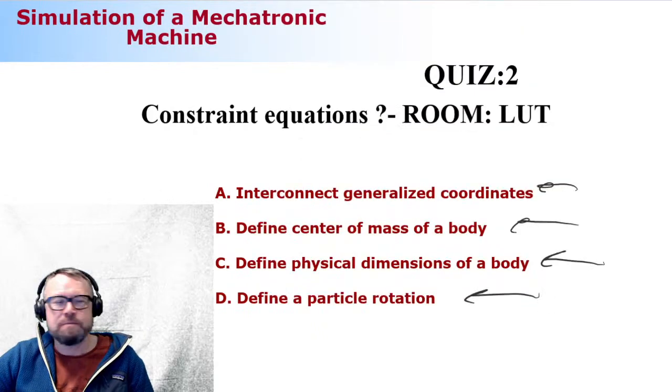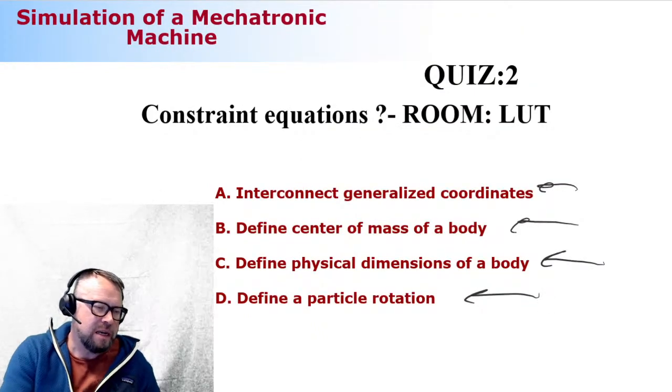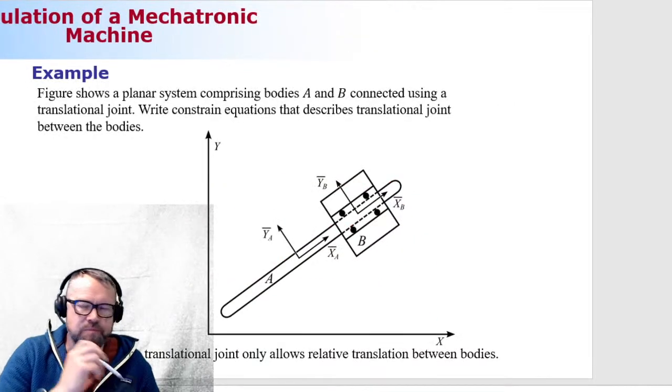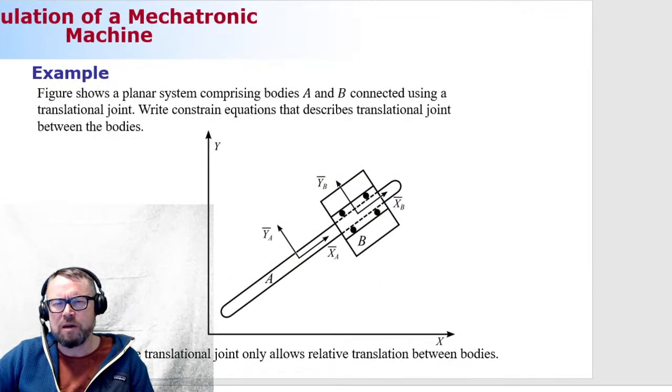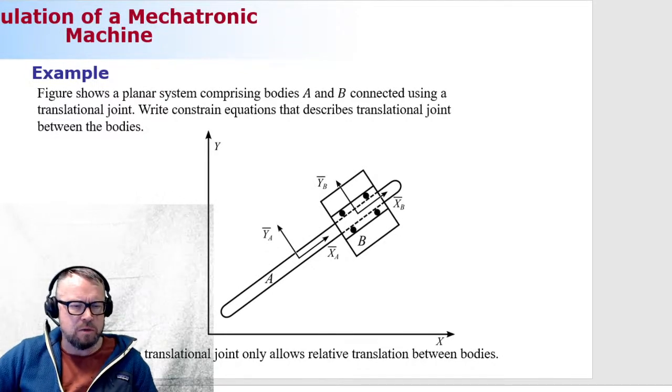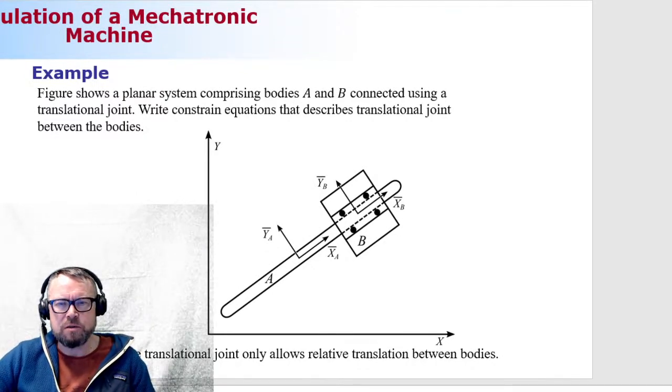Let me continue then. All right. Then comes a bit complicated thing, because this is very complicated, but on the other hand, very mechanical too. I'm going to speed up a bit and I'm not going to really look at this in super detail. So this is where I would like to introduce you to a translational joint.